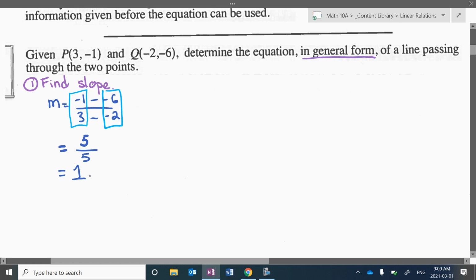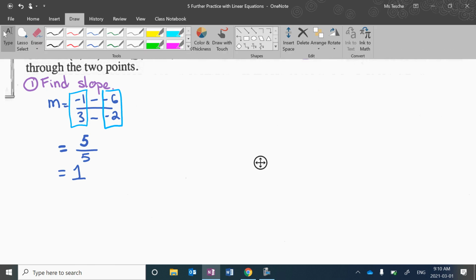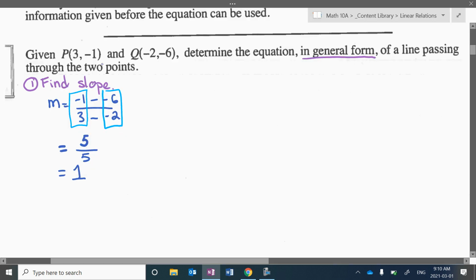What's the next step I can do? I have a slope and I have 2 points. No, because ABC is useless. We can't go directly to general. You can never go directly to general.